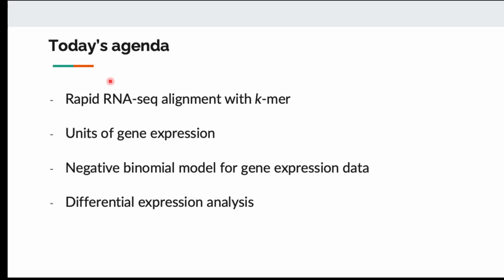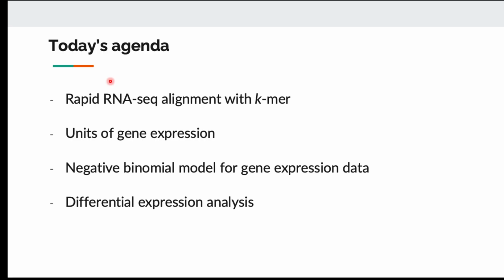Okay, so today, as I promised, we're going to talk about the alignment of RNA sequencing directly to the transcriptome, not to the genome, and see what happens when we do that. We're going to talk about the many ways that people quantify gene expression, different units that people use, and how we can make sense of them.